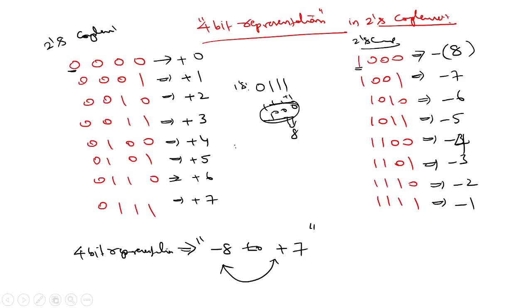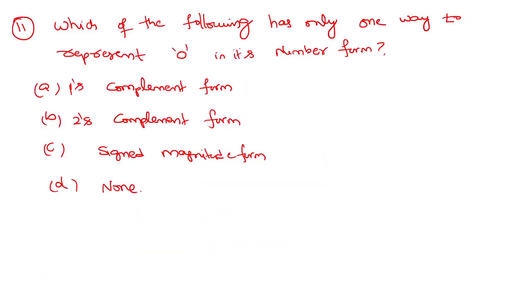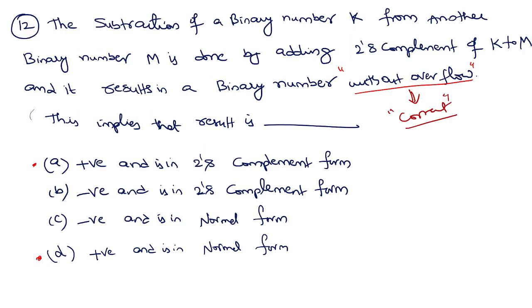How in the place of plus 14 minus 2 came? I'll just leave it to you, because it will take 5 more minutes to explain that. Now you tell me the answer.